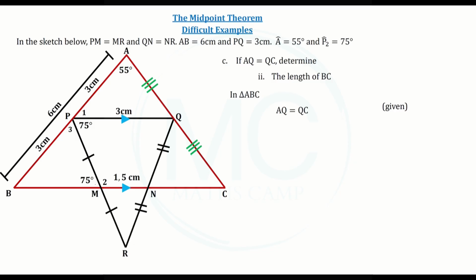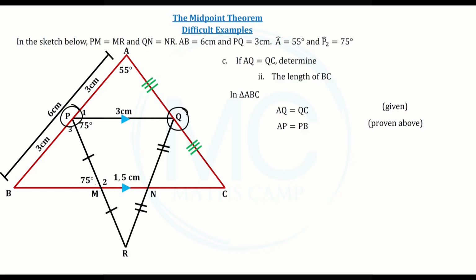We also know that AP, make a note over here, is equal to the length of PB. We've already proved this, so as our reason, we say proven above. Now we know that P is the midpoint of AB and Q is the midpoint of AC.